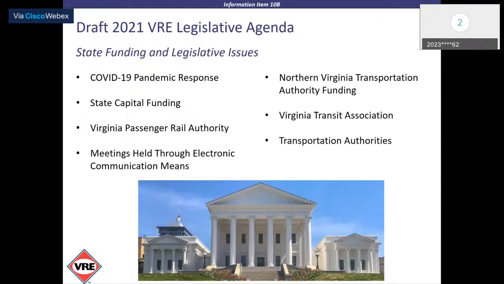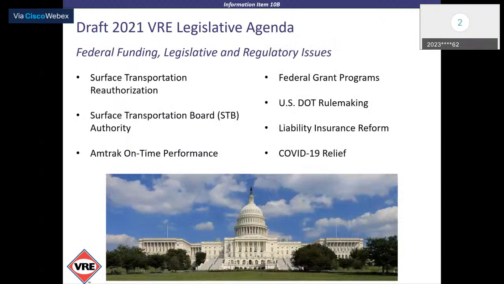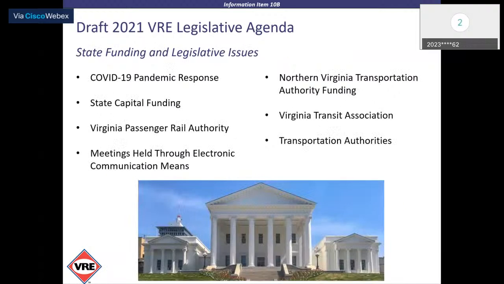We'll start with the spending. Well, I have a couple more items on the legislative agenda. Excuse me. We'll finish this up real quickly. The last 3 items on the state issues are things that we've had on our legislative agenda before, supporting any actions that would fully restore funding to MBTA. Of course, the Virginia Transit Association also often comes out with proposals having to do with increasing funding for public transportation.